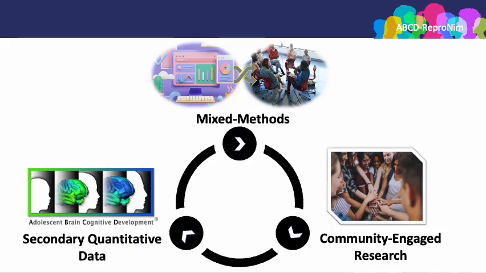I will spend quite some time during this course talking about alternative methodologies to really start to incorporate social context and lived experience that may have been missed in the quantitative numbers. And these approaches include mixed methods and community-engaged research approaches.